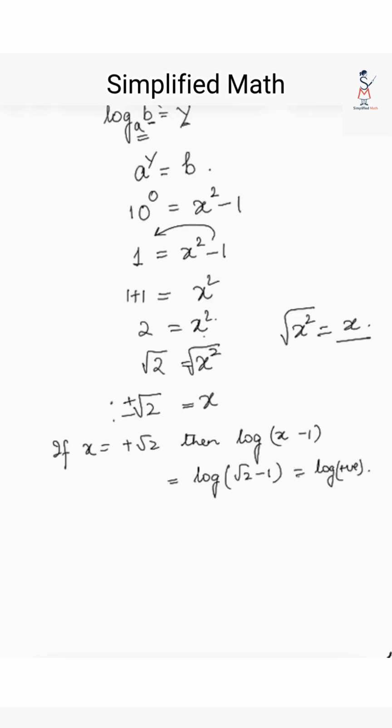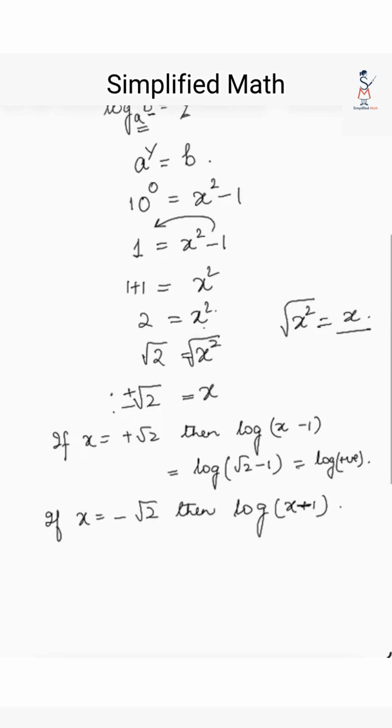Now if x is equal to minus root 2, then log(x + 1). Sorry, let's take it with minus only. You can take it with any of them, you will get the answer. Log(x − 1) will become log(−root 2 − 1), so we will get a log of a negative value.